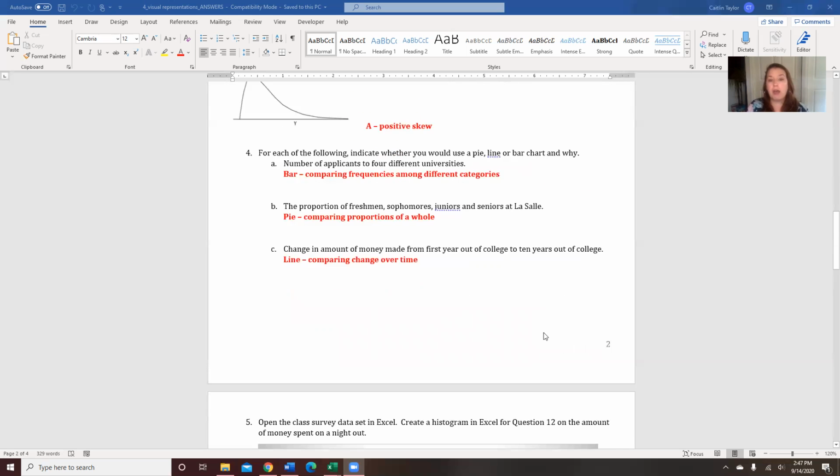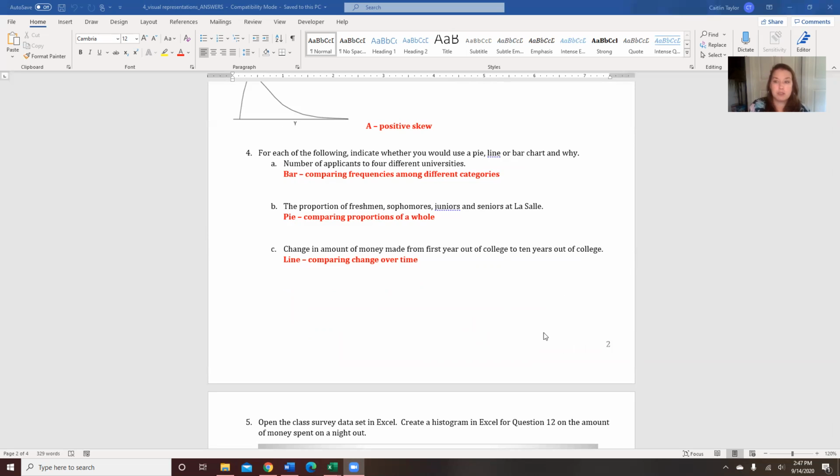4 asks you to explain what type of chart would be appropriate and why. So this first one is saying the number of applicants to 4 different universities. Here we're comparing frequencies, right? We're comparing the number for different categories. If we're doing that, then a bar chart would be appropriate.